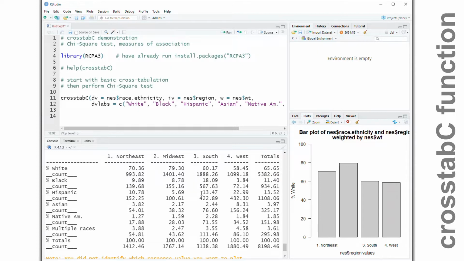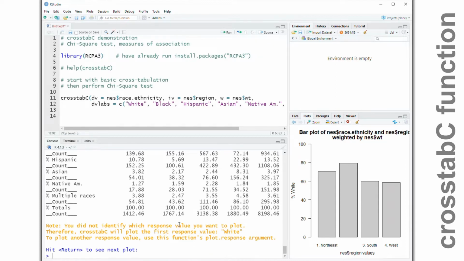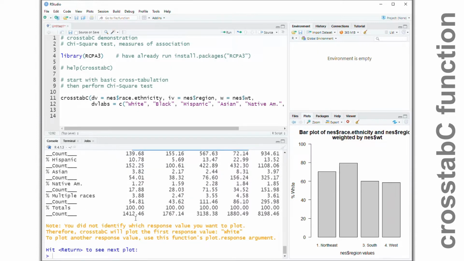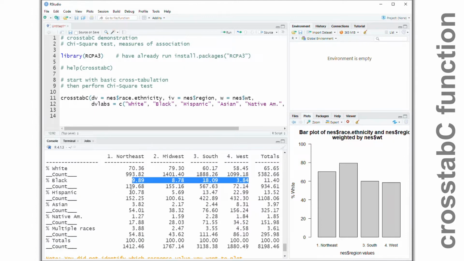So the idea of the chi-square test is to examine whether the pattern that we observe is statistically significant or could be the product of random chance. How could it be the product of random chance? The NES is a random sample of individuals contacted in the survey.